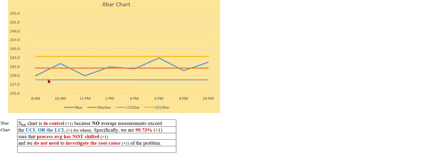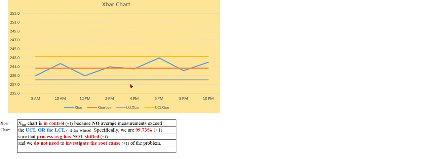If you had a situation like this where you had no points exceed the lower control limit or the upper control limit, you're going to have some language like this. The X bar chart is in control, +1 point if you have that correct, because no average measurements, these are the average measurements, exceed the upper control limit or the lower control limit.